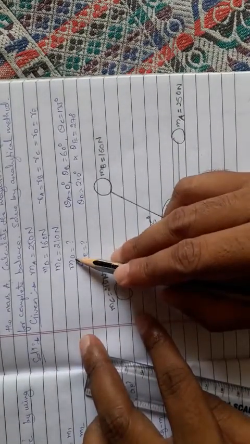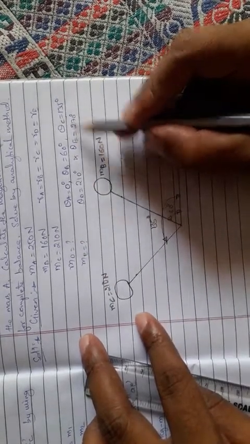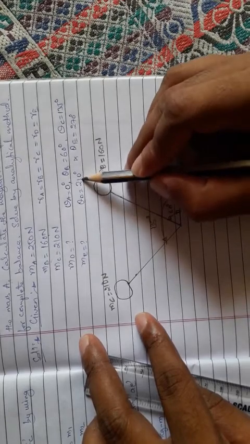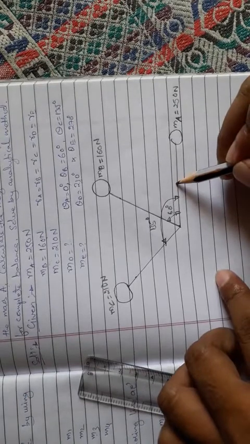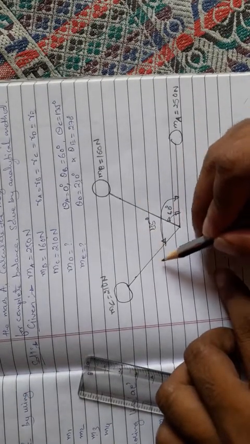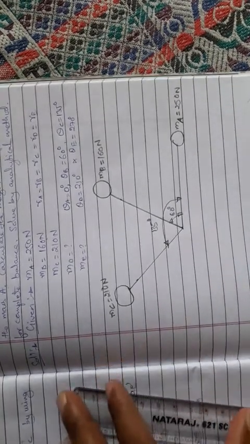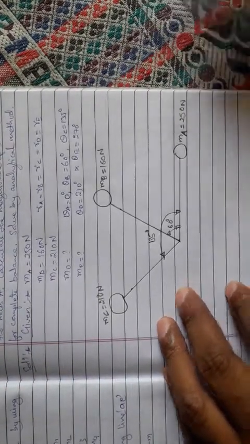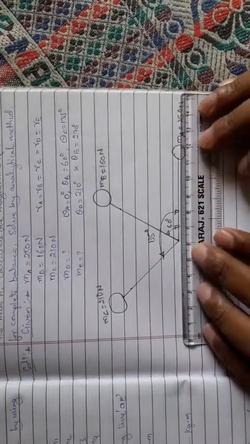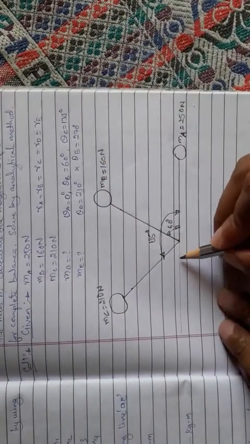Similarly, MD is not given, but the angle is given, that is theta D equal to 210. From the mass A it is required to draw the angle 210. This is a horizontal line which I am drawing for reference purposes, and this line indicates 180 degree.